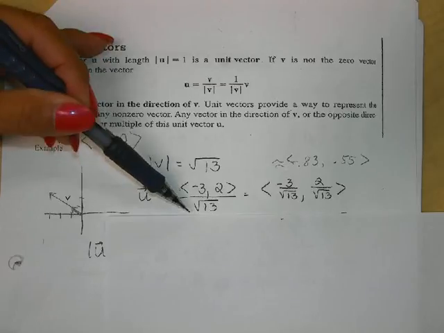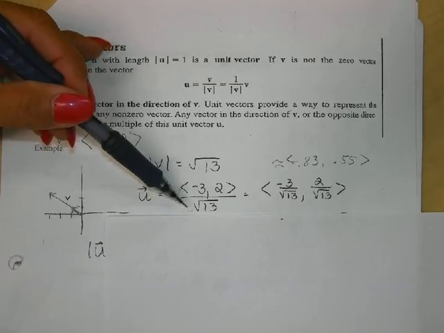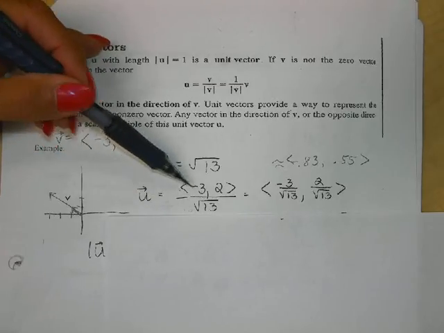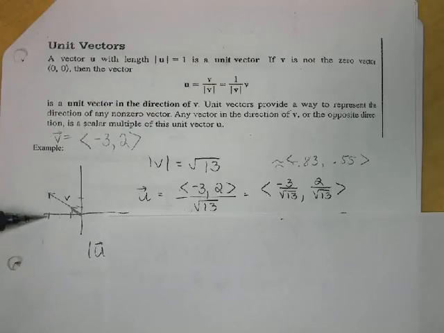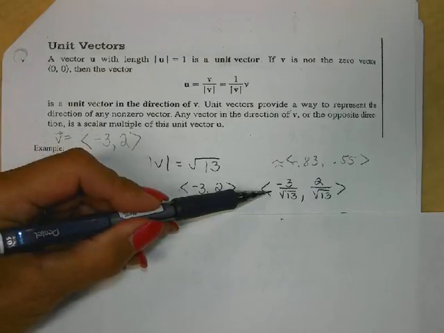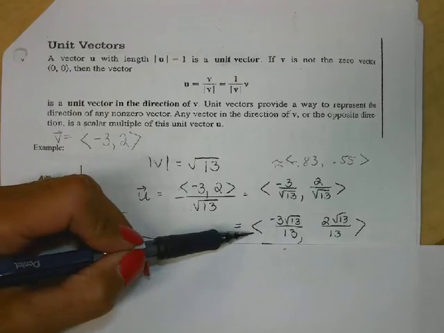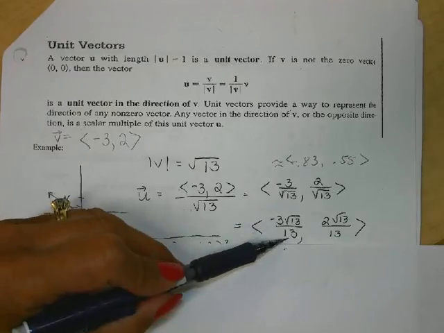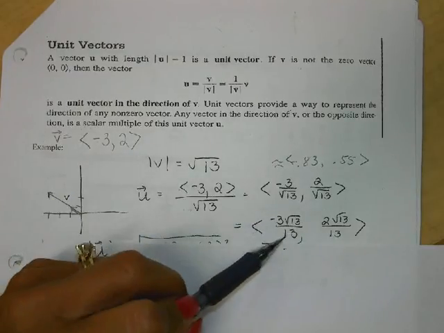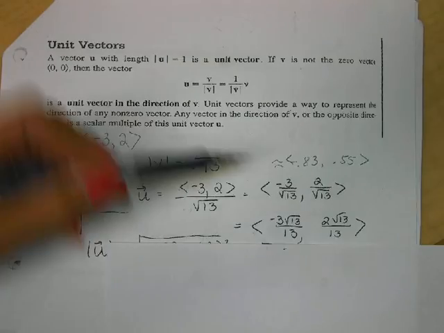If I do that, it will result in this calculation. Take my vector, divide it by this scalar number, so it's just a magnitude, and that's going to take each of these x component and y component, and it's going to shorten them down. And when I have this calculation, we know how to rationalize that. So this is the exact value or exact length of the x component and the y component for our situation.